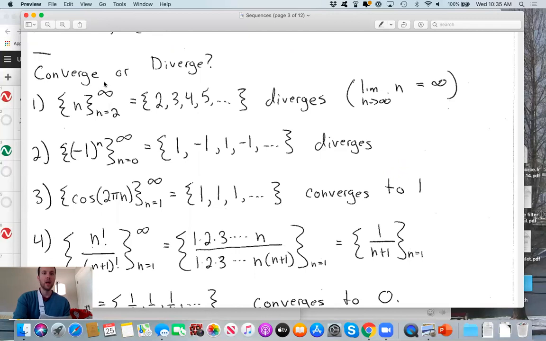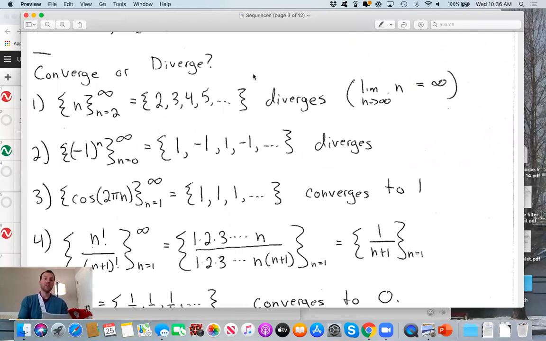So this sequence, if we were to write it out, the first input we put in is 2, and then we do 3, 4, 5, and so on. Those are the inputs that we're putting in. And since this formula is just n, the terms of the sequence are just those numbers again. So the terms of the sequence are 2 as our first one, and then 3, 4, 5, and so on.